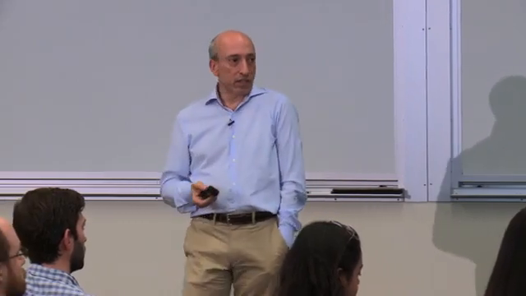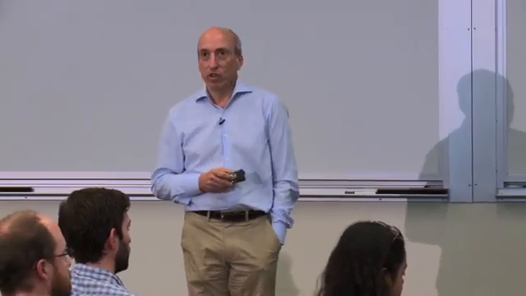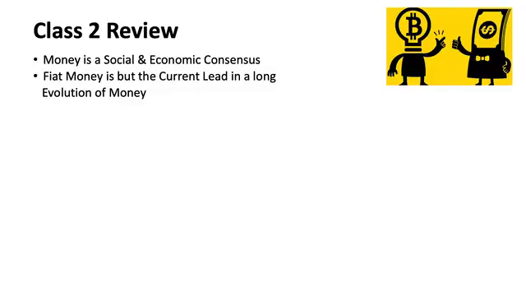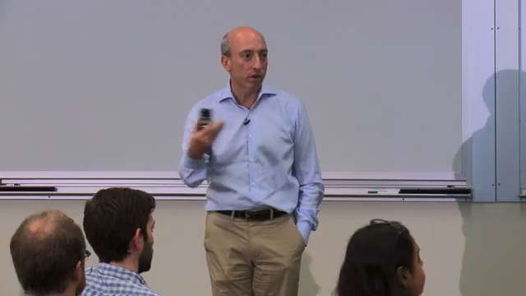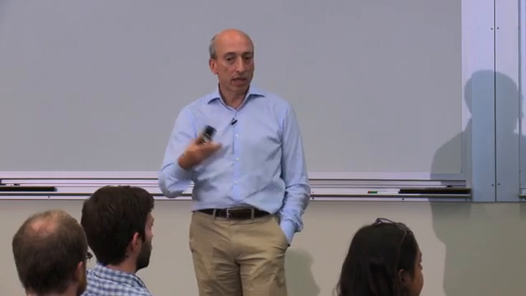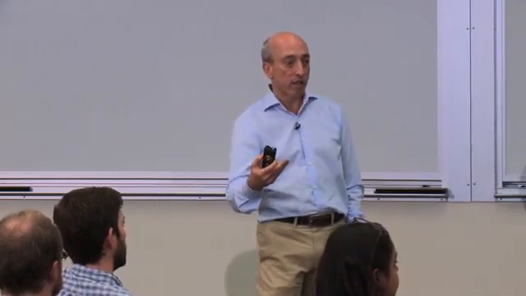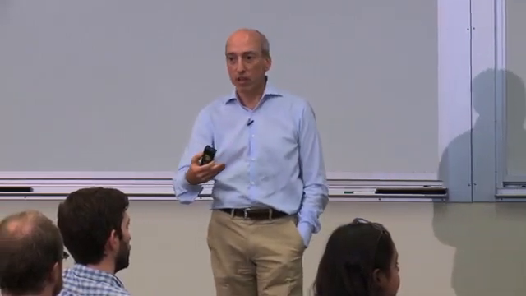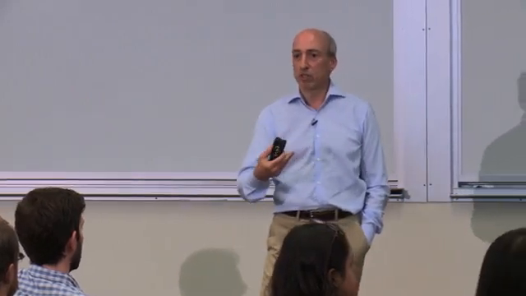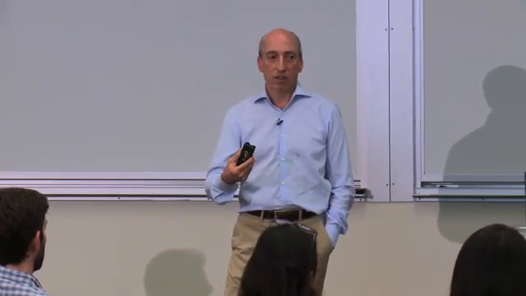So last time, for those of you that weren't with us, we talked about money. And again, money is just a social construct or an economic consensus mechanism. We're going to talk a lot about consensus next Tuesday when we talk about the consensus protocol on Bitcoin. But remember, money itself is just a consensus. There was a question on Tuesday. I think Aline had asked about what it means to be a liability of the central bank.